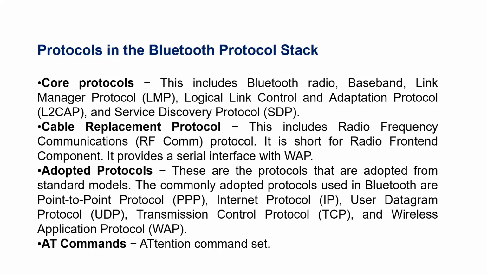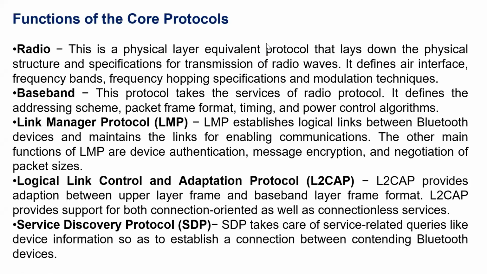These are the adopted protocols, and another is the set of commands, which is called attention command set. This is used in the Bluetooth protocol stack. Already we have seen the working of the core protocols.